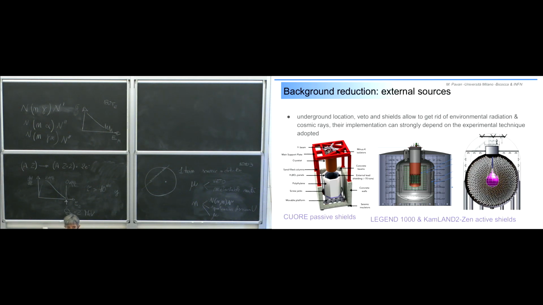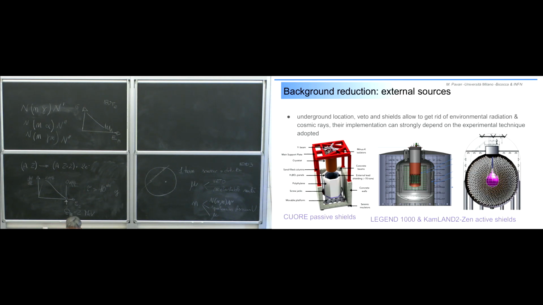And this technique can be used also to reject background coming from natural radioactivity, because in nature, you know, there are the radioactive chains. So uranium has a decay chain where a number of isotopes are produced through alpha decays or beta decays. And some of the steps are very fast.